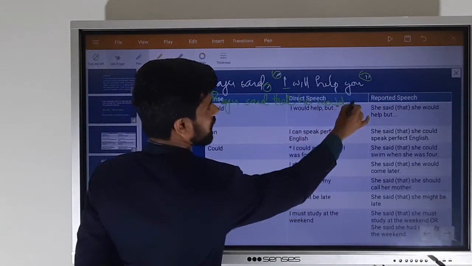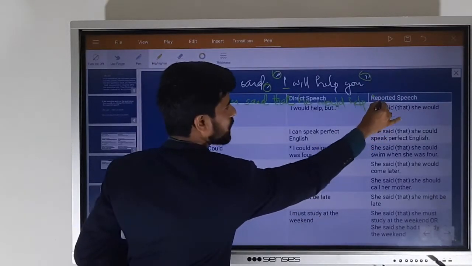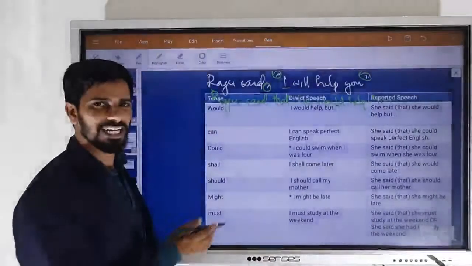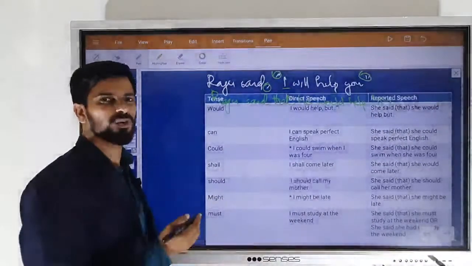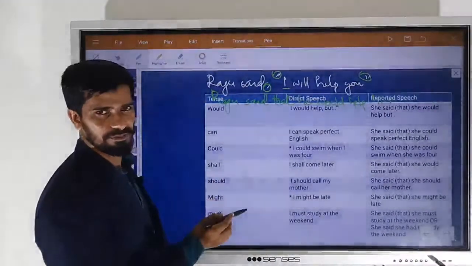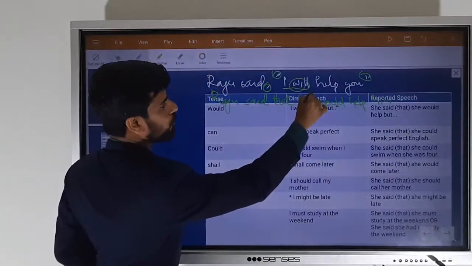He would help him. You becomes him or her, as per the person to whom he offers the help, right? So Raju said that he would help him. Understood? So will becomes would.